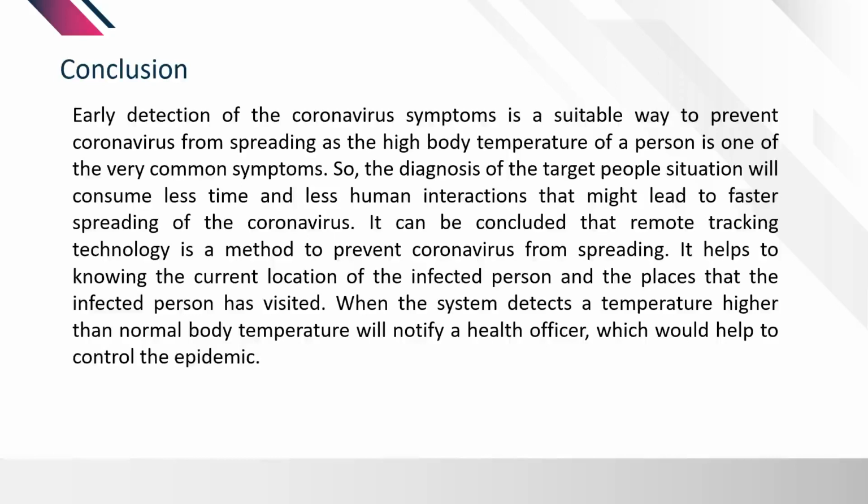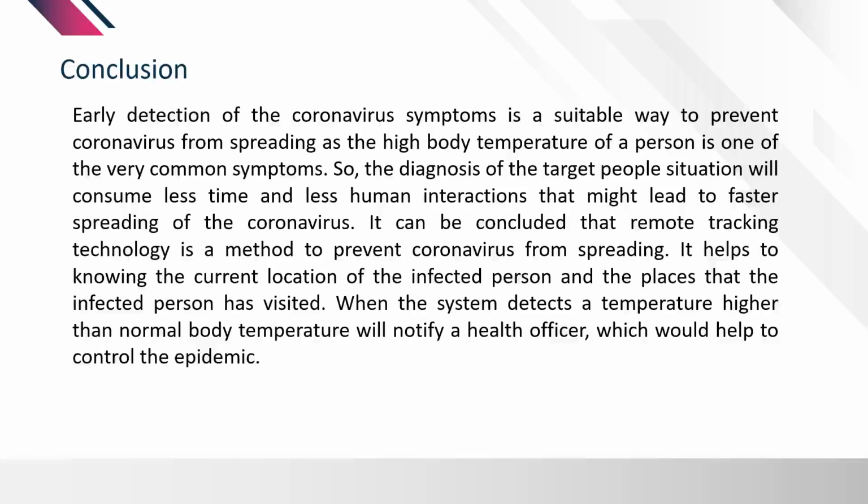Conclusion: early detection of coronavirus symptoms is a suitable way to prevent the spread of coronavirus, as high body temperature is one of the very common symptoms. Diagnosis of the target people will consume less time and less human interaction, which might otherwise lead to faster spreading of the coronavirus.